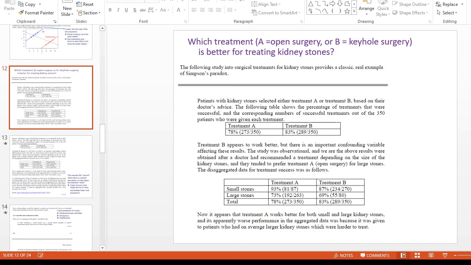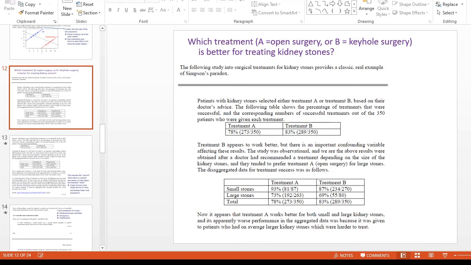Now, the disaggregated data in the second table shows you the effect of treatment A and treatment B on small and large kidney stones separately. And here you see treatment A actually works better for both small and large kidney stones. The apparently worse performance of treatment A in the aggregated data is because it was given to a bigger number of patients who had large kidney stones, which were harder to treat and less successful for both methods.